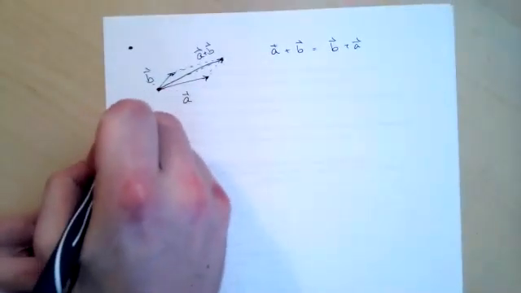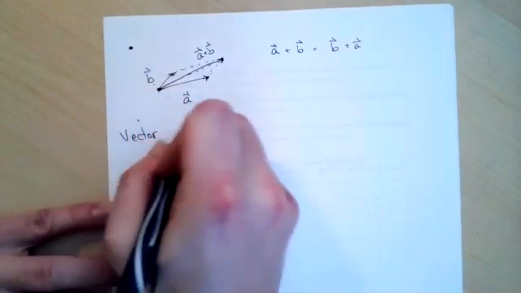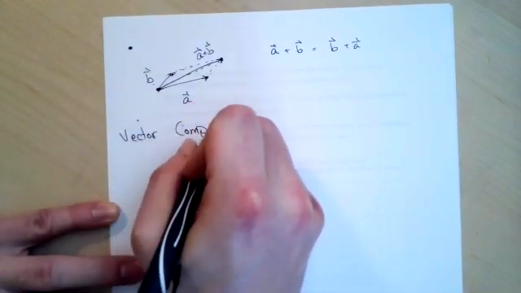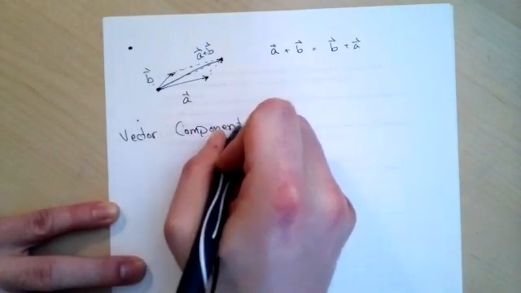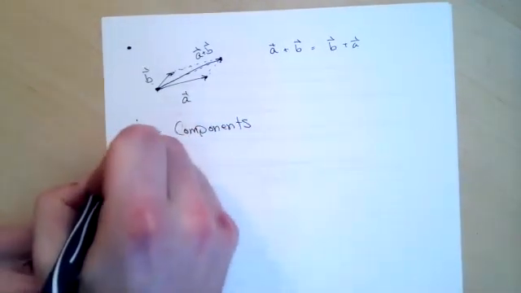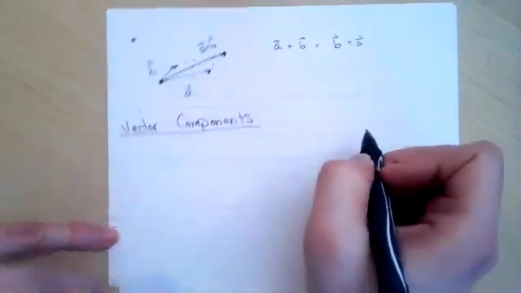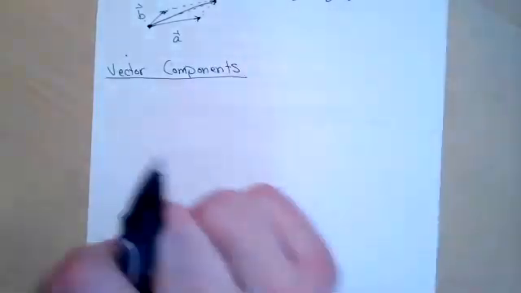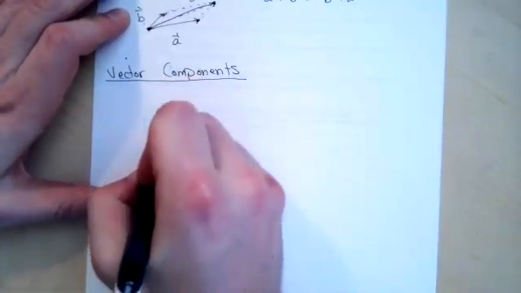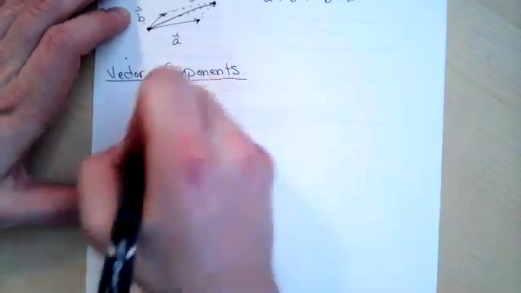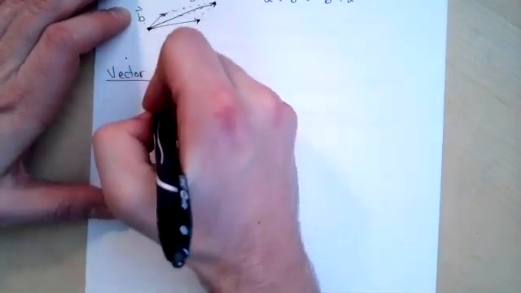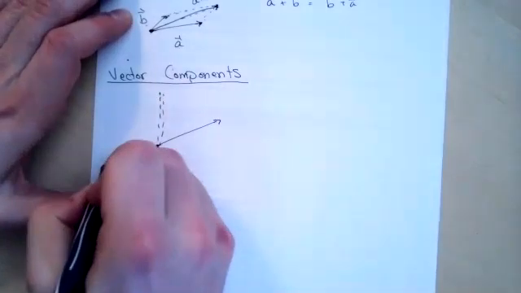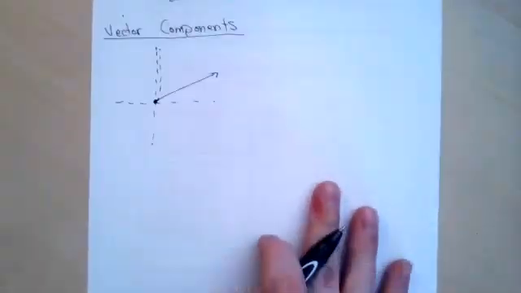Okay, so let's talk about vector components. So far we've just drawn abstract vectors, drawn arrows, but typically wherever we draw vectors, we like to think of a coordinate frame centered at the base of the vector, meaning that wherever we draw a vector, we can draw a coordinate frame right at the base.